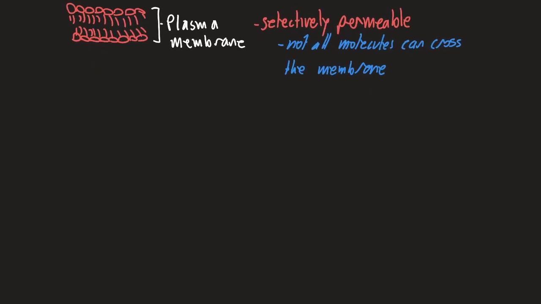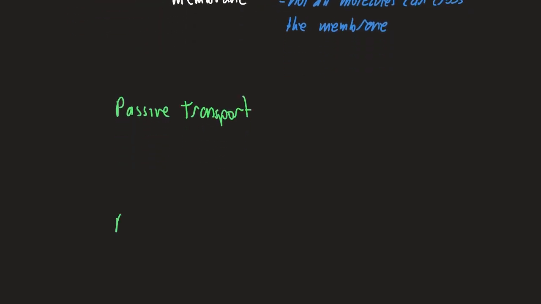We can divide it up into two key ways. We have passive transport and, as you probably guessed, active transport. It's called passive transport because no energy is required for the molecules to move across the membrane.